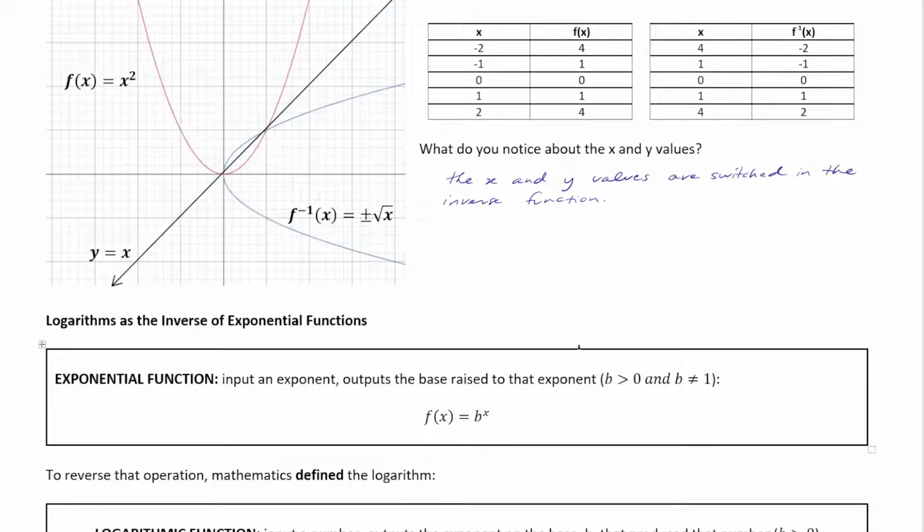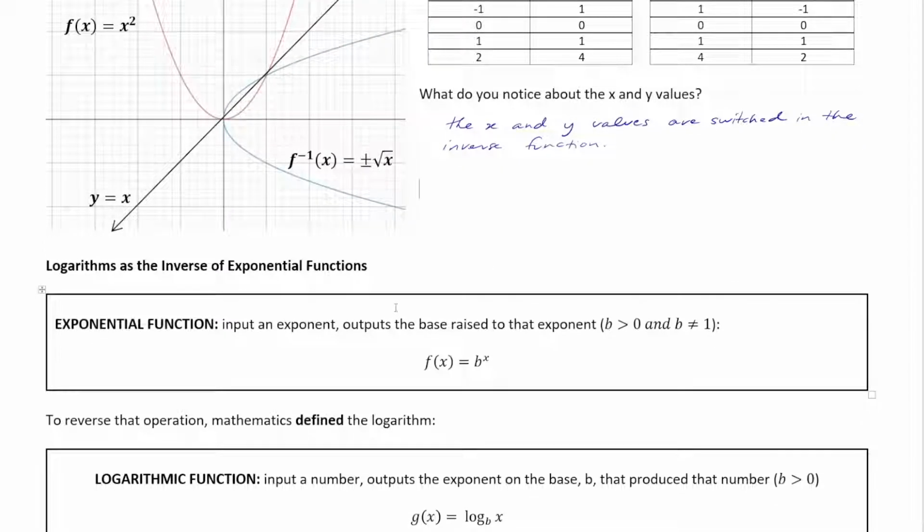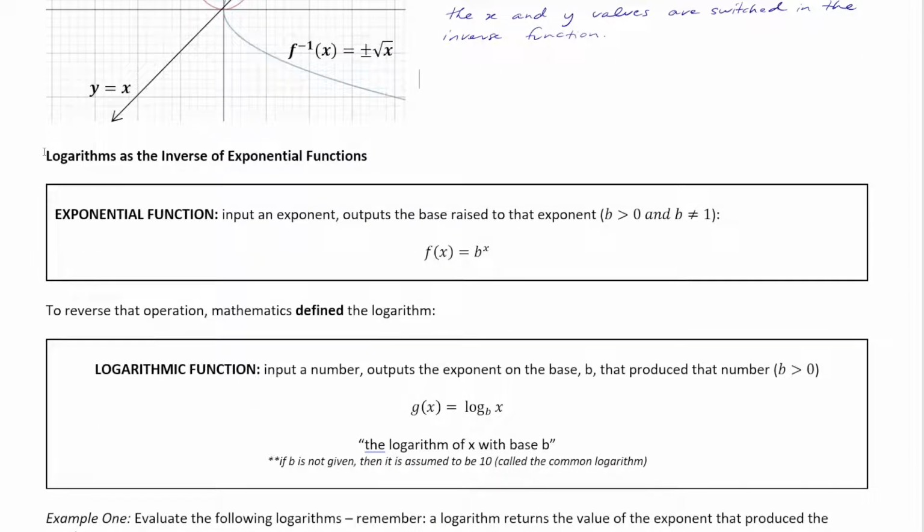So the reason why we've taken some time to discuss inverse operations is because logarithms are simply the inverse of the exponential function. So let's take a look at our exponential function operations. You input the x value, which is the exponent, and then it outputs the base raised to that exponent.